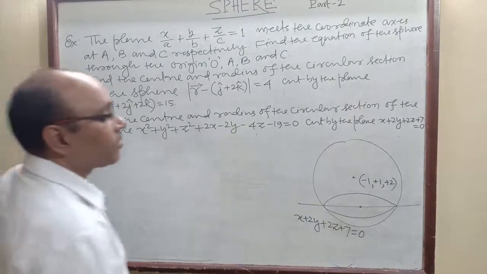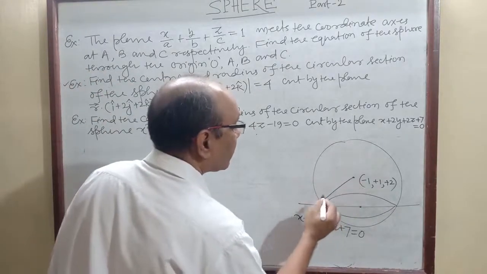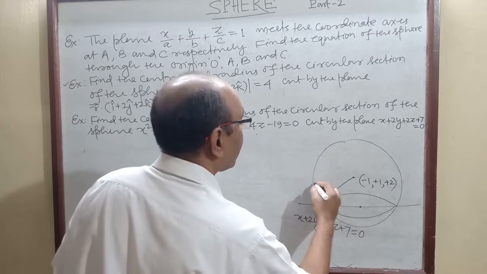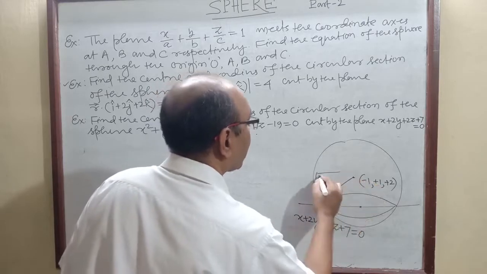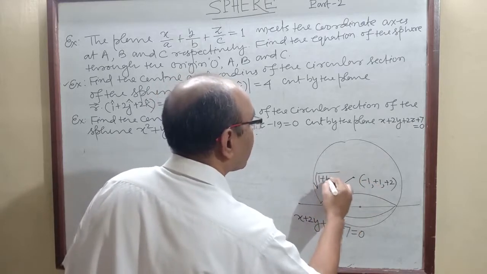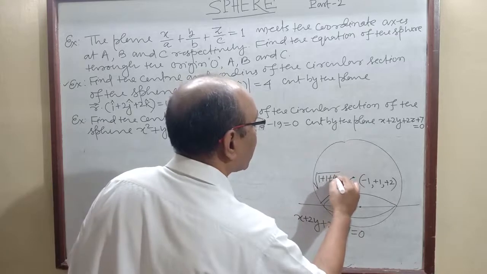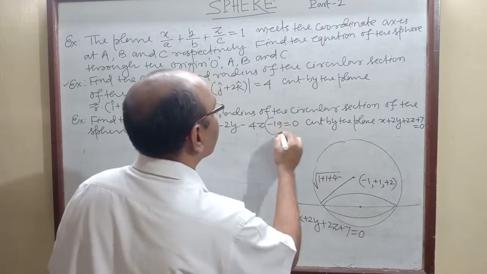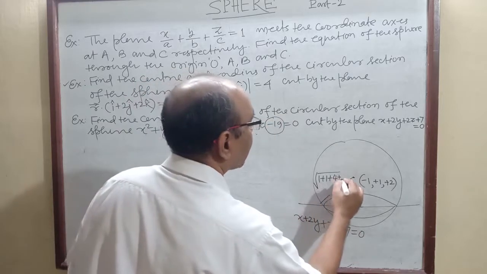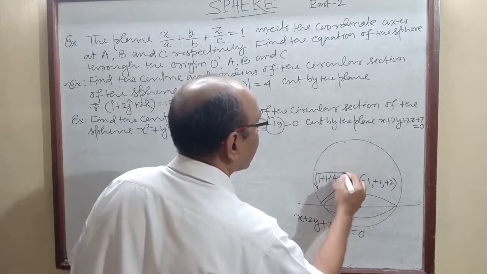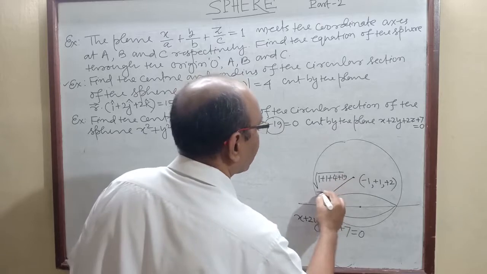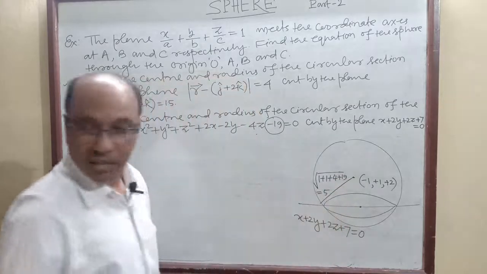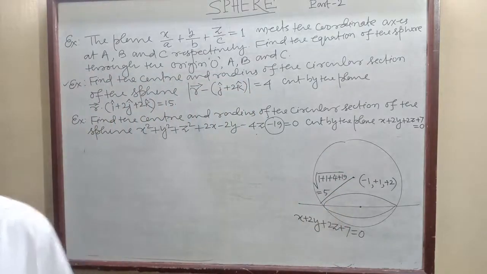And what will be its radius? Root under (-1) square plus 1 square plus 2 square minus the constant term. The constant term here is minus 19, so minus minus 19 gives plus 19. So it is 25, and the radius of the sphere is 5.